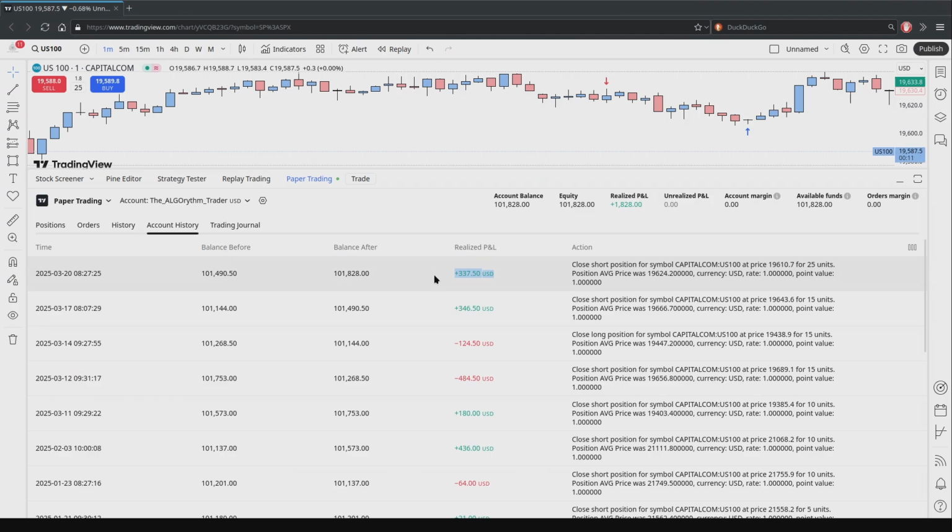There you go. 337.50. Again with the 50. It's always 50 cents each time. Anyway, that was the position. So we now have mitigated the loss, which is this and this.